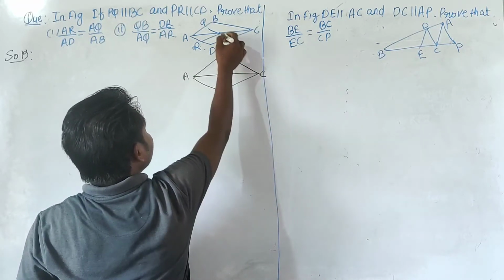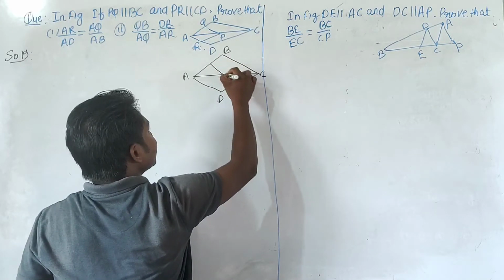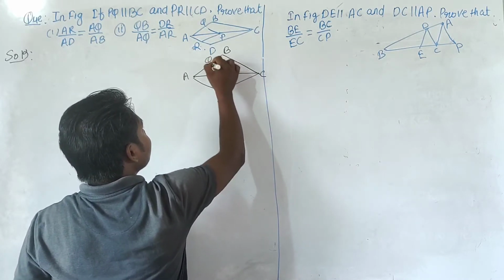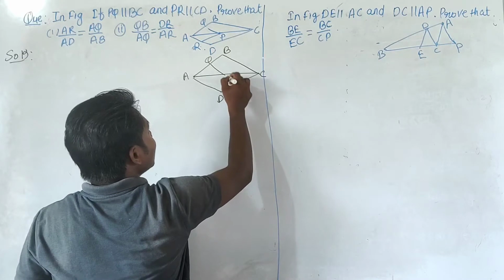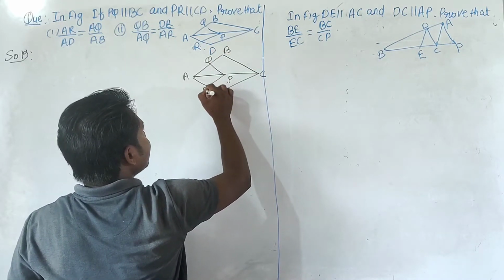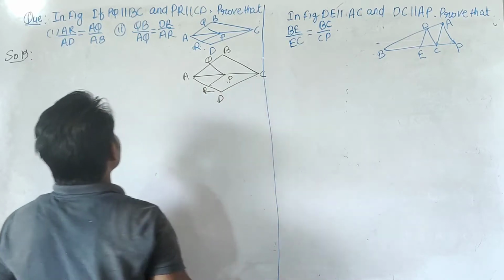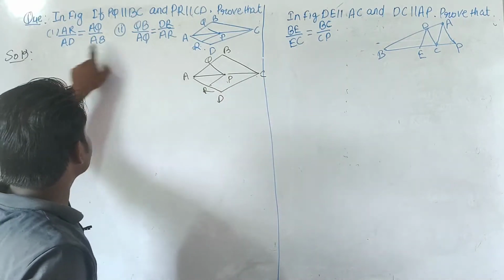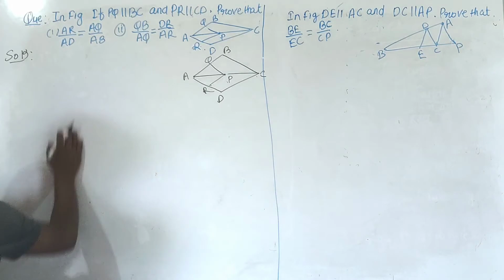And this PQ is parallel to BC, and this PR is parallel to CD. Then we have to prove this and this one. So let's solve it.